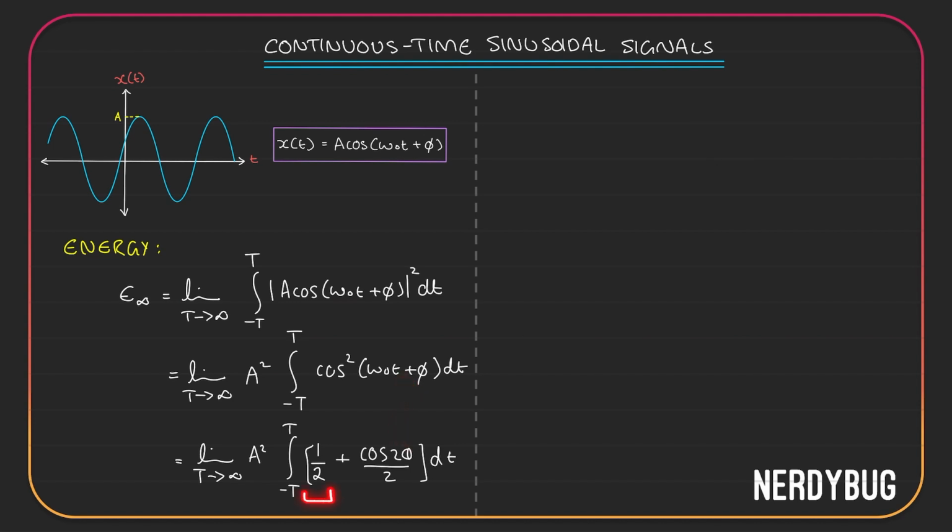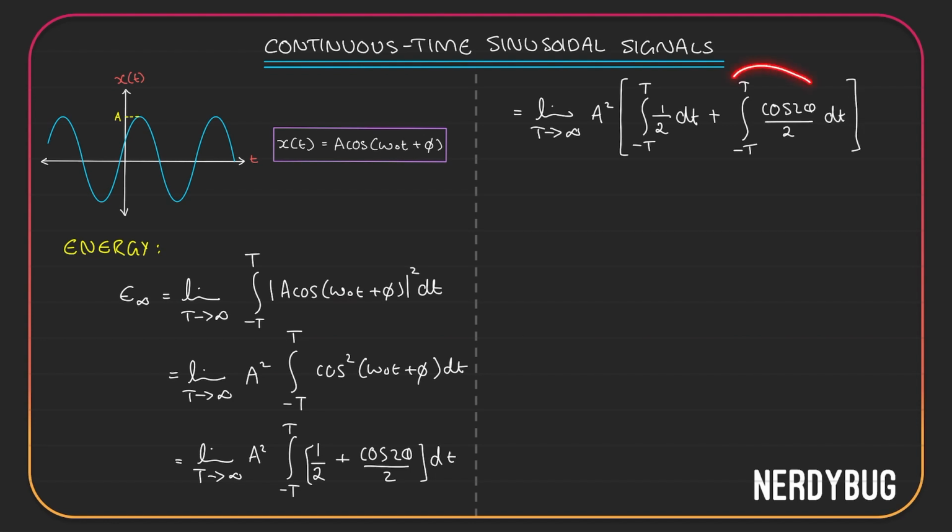Now we can take the integration separately. So we'll get limit T tends to infinity A square. First integration is integral from minus T to T of 1 by 2 dt plus integral from minus T to T of cos 2 theta by 2 dt. Take a closer look at this term. It's the integration of cos 2 theta.